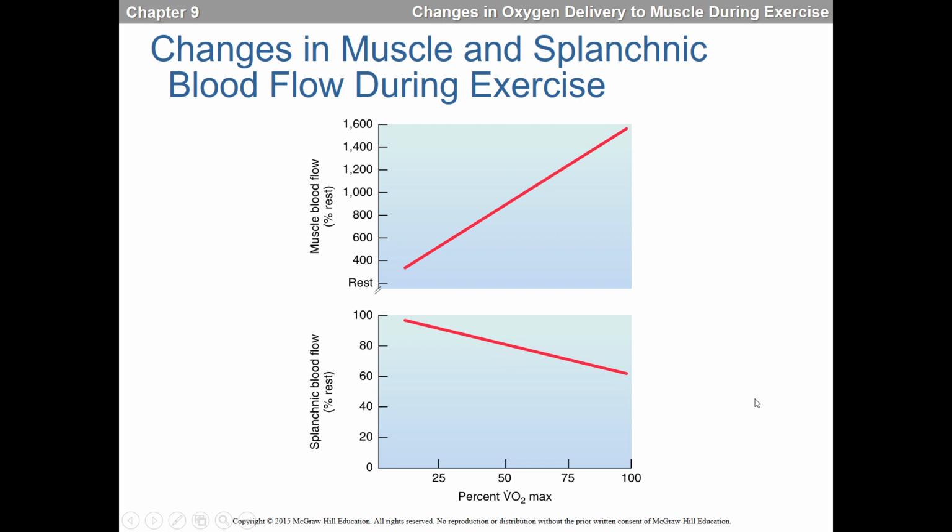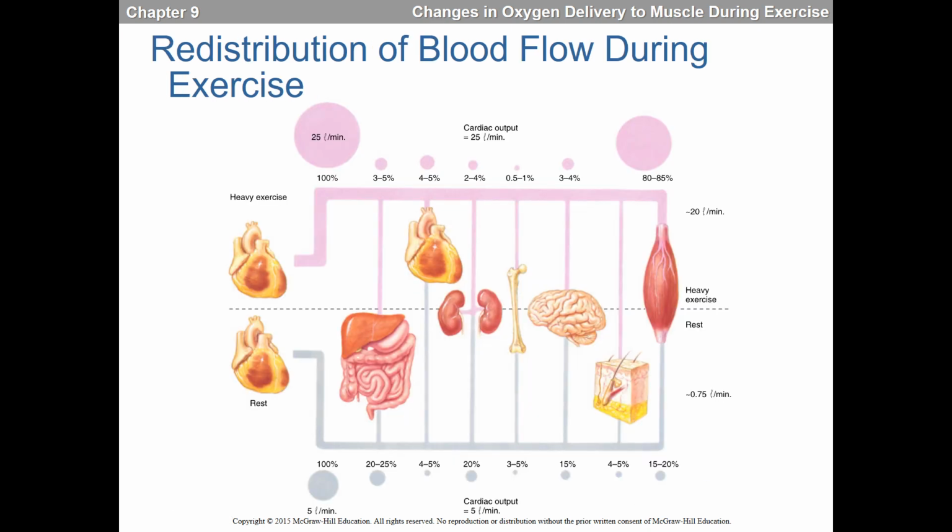I think everyone's somewhat aware of this right here. I think this explains it very well. So heavy exercise, rest, keep this in mind. Cardiac output, heavy exercise, 25 liters per minute, so 5 times what it is at rest.